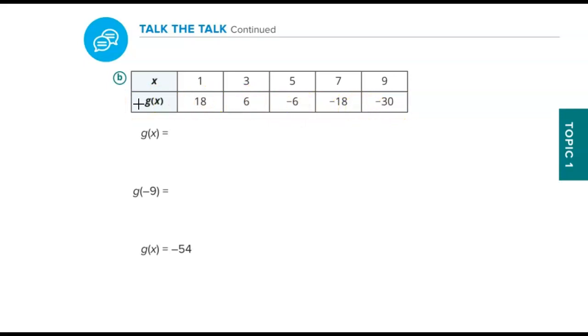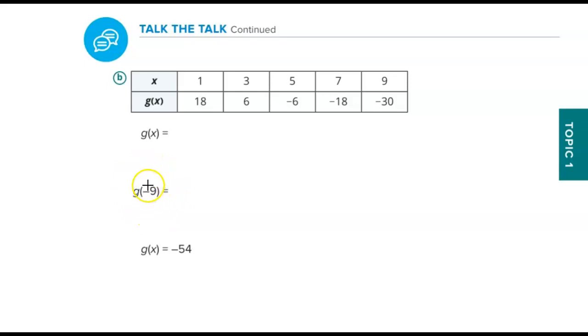And what you're tasked with doing is writing the function g of x. If you're writing that in general form, you're going to need the slope and the y-intercept. Then you're going to calculate what g of -9 is.